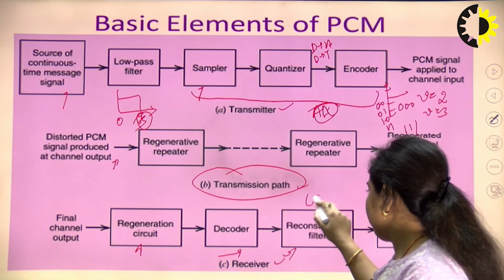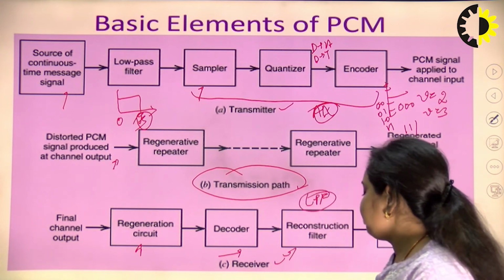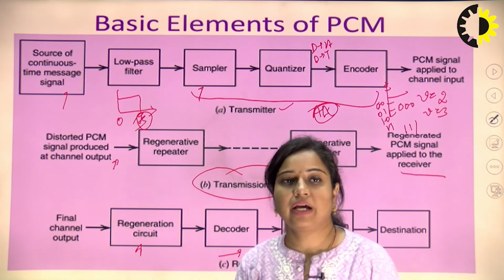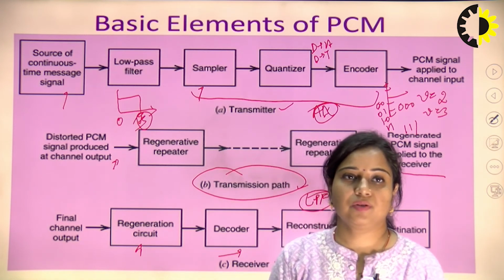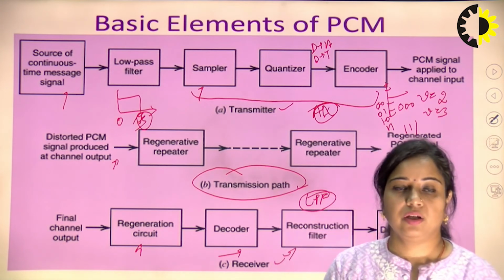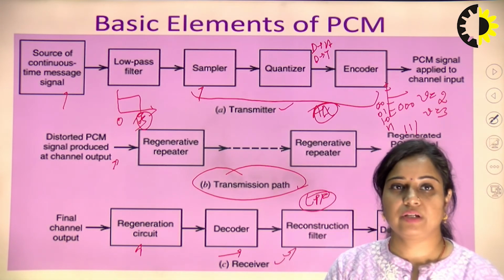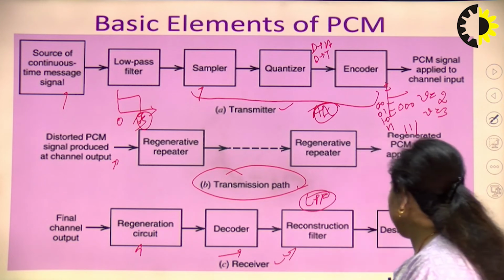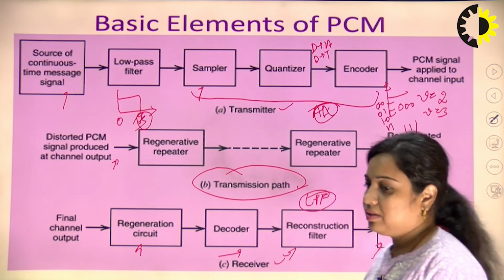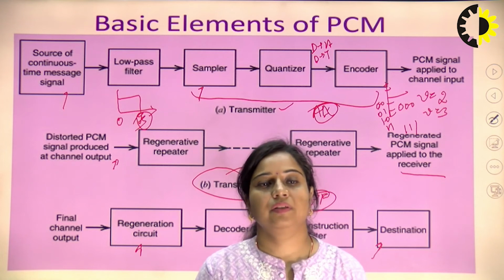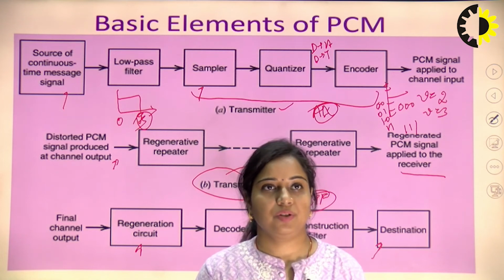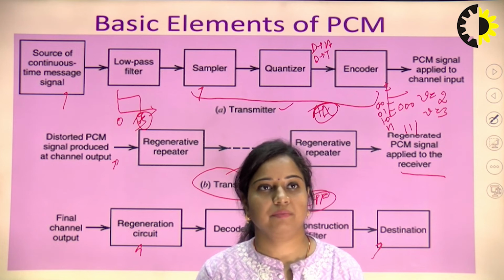The reconstruction filter is again a low pass filter that will filter out the higher frequency terms present after decoding. Then the higher frequency terms will be removed and we can easily demodulate, or send the signal with good quality at the receiver end. So, these are the basic elements of a PCM.